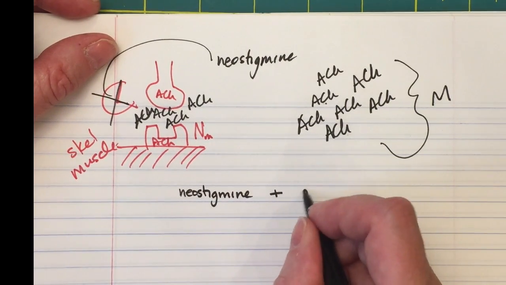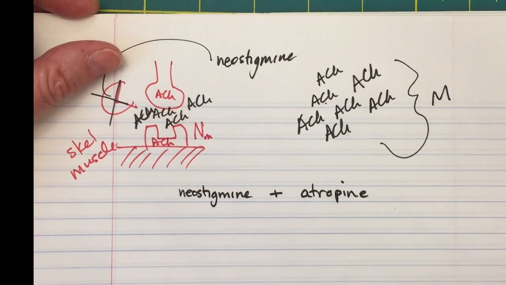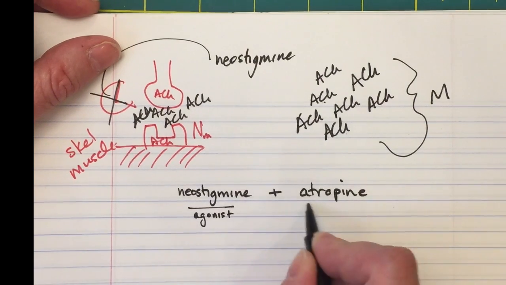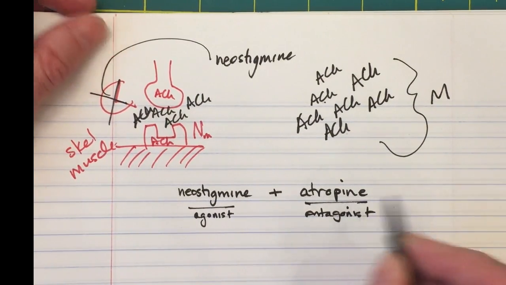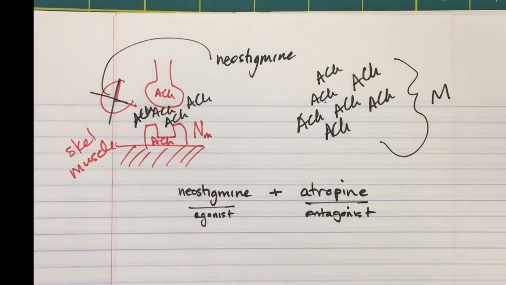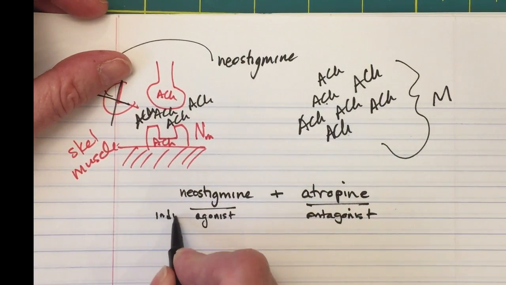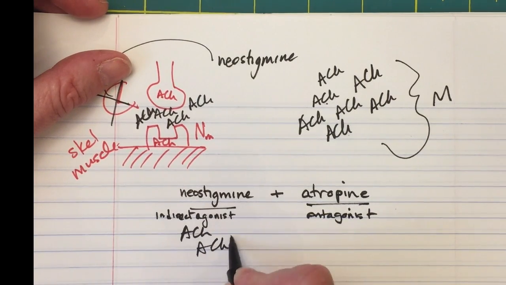and an anticholinergic like atropine, which might not make sense because this is an agonist and this is an antagonist. So you might say, well, why bother giving an agonist and an antagonist at the same time? Well, this is an indirect agonist. It's just increasing acetylcholine everywhere.